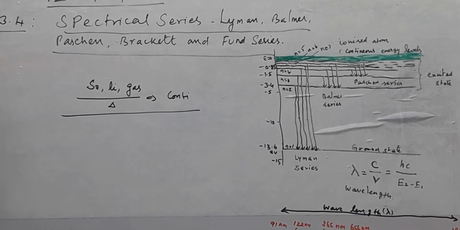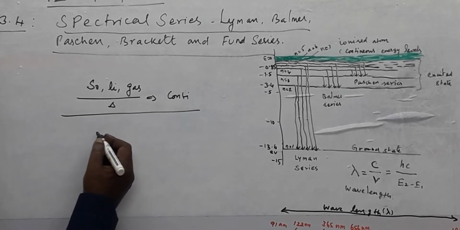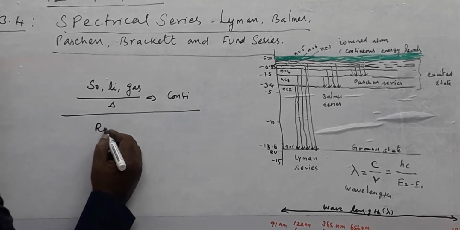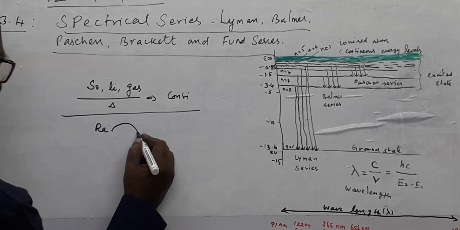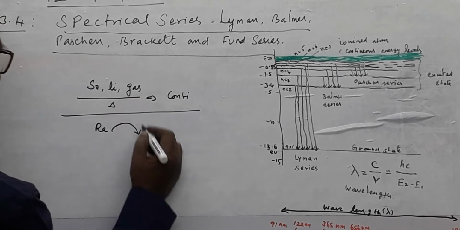But later, in the early 20th century, when the material emits radiation, the radiation represents the characteristics of the material.